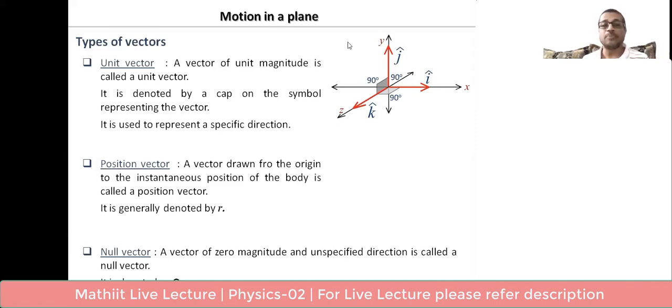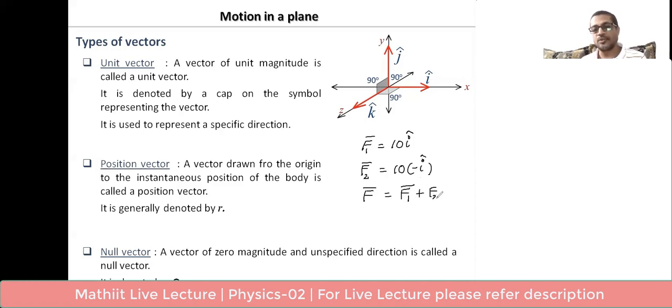To be very precise, the reason is, if there is a force of 10 newtons in the right hand side direction, F1, this is added to a force of 10 newtons in the left hand side direction. When you add both of them, F bar will be F1 bar plus F2 bar.